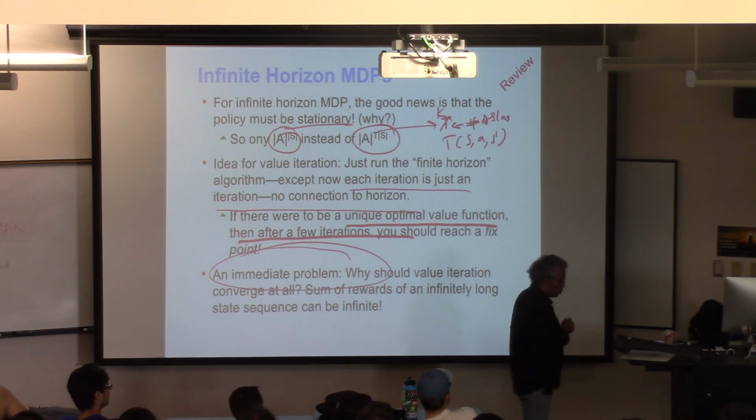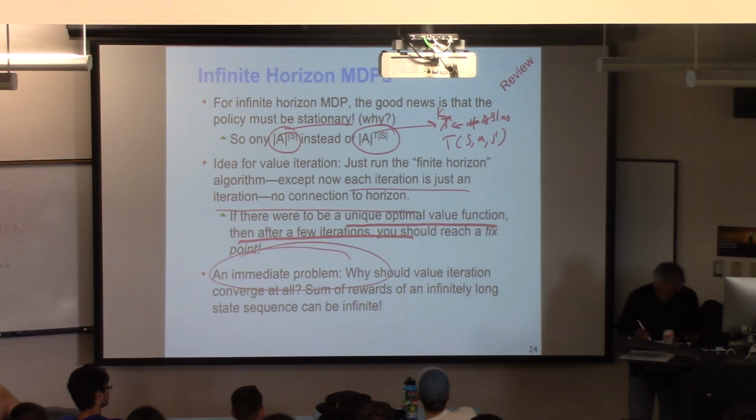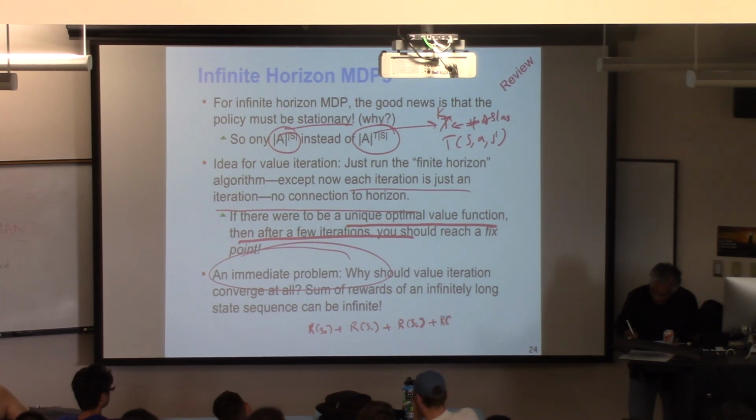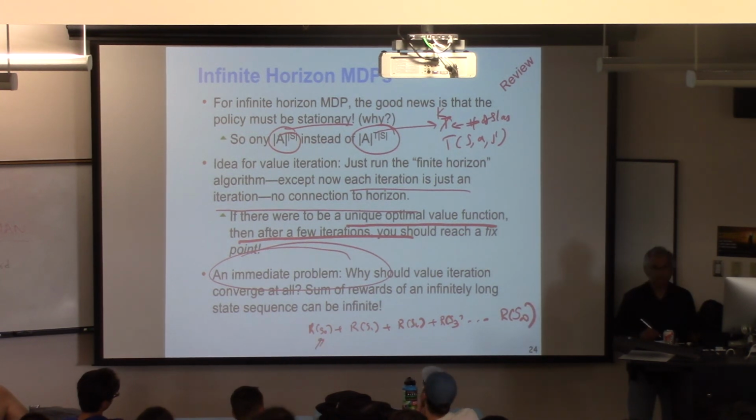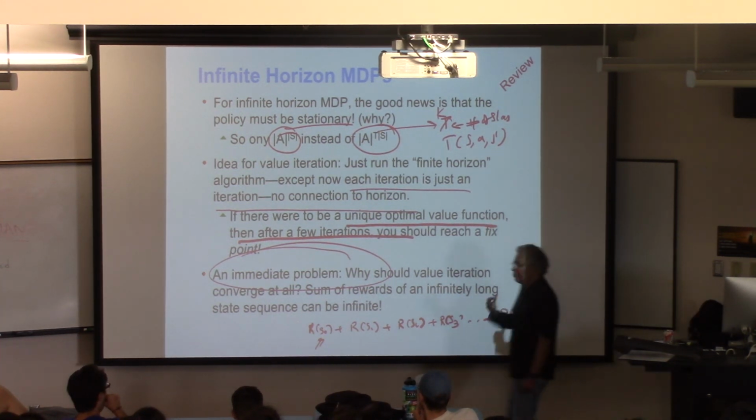So, I have the following situation. R(S0) plus R(S1) plus R(S2) plus R(S3) plus so on up to R(S infinity). These are just real numbers. I want this sum somehow to become finite.